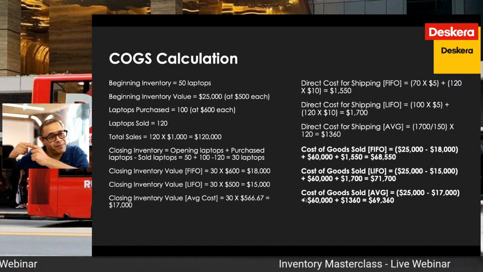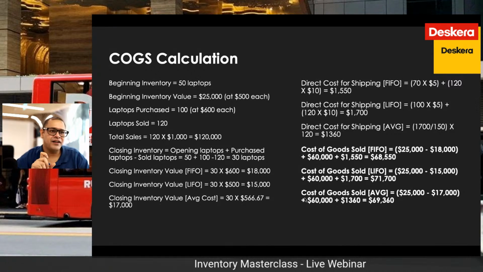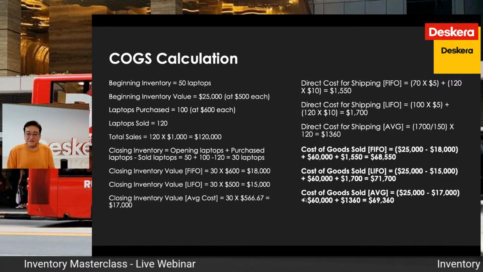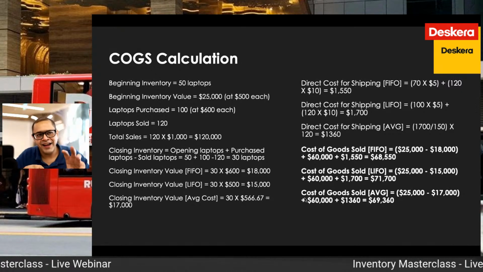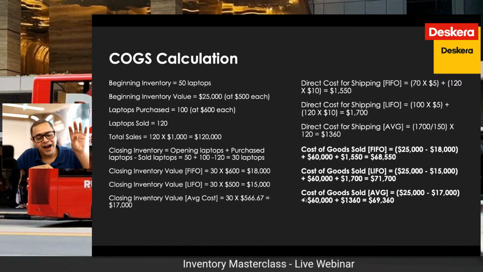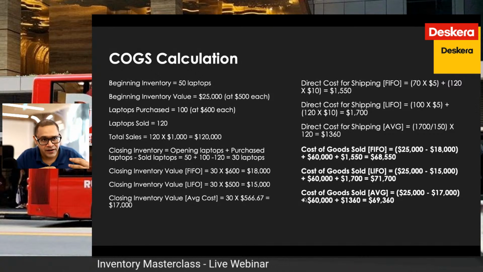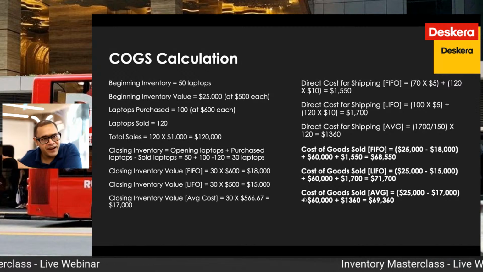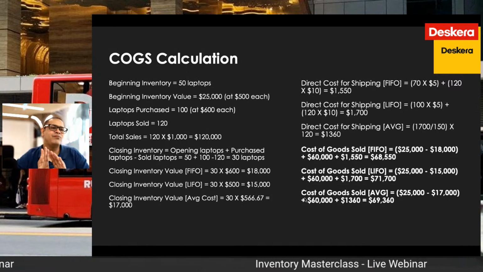But when I ship it out, the $10 applies for each of the 120 that I ship out. Therefore, I take the cost of shipping for items that I sold plus the cost of delivering items that I have sold, and add them to get my direct cost here.